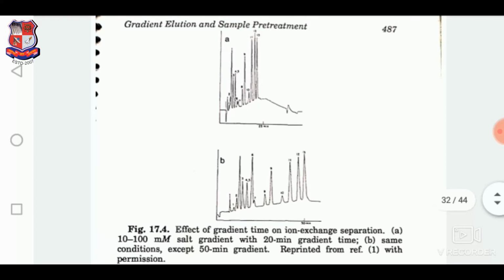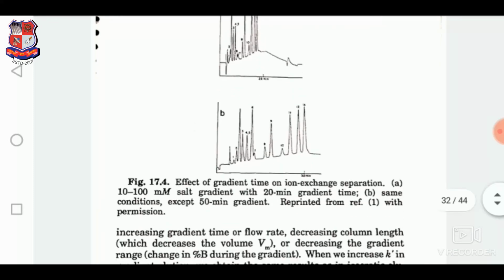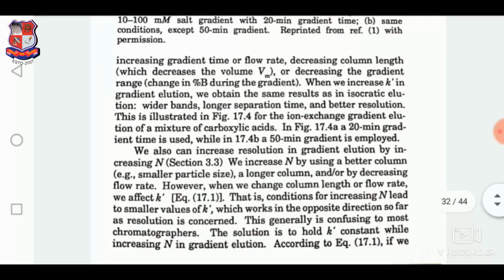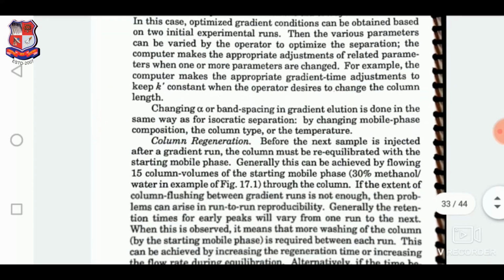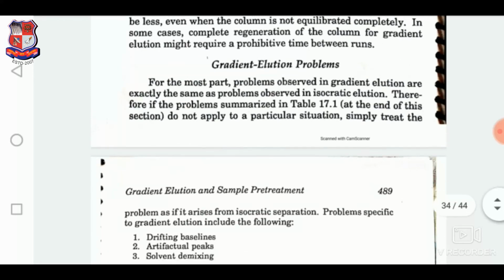Here one graph is there, effect of gradient time on ion exchange separation with the gradient elution technique. Here are some gradient elution problems.